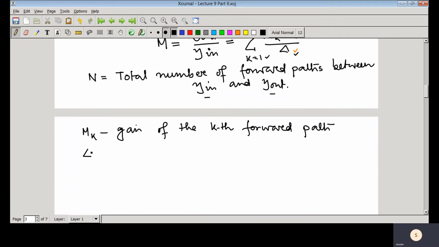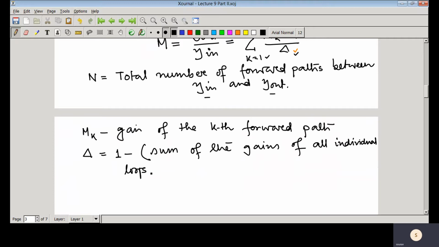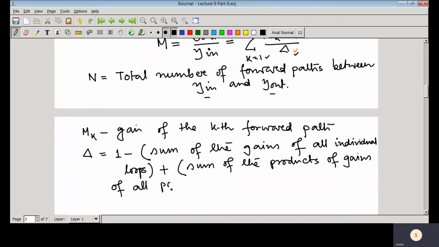This delta is equal to 1 minus the sum of the gains of all individual loops, plus the sum of the products of gains of all possible combinations of two non-touching loops.